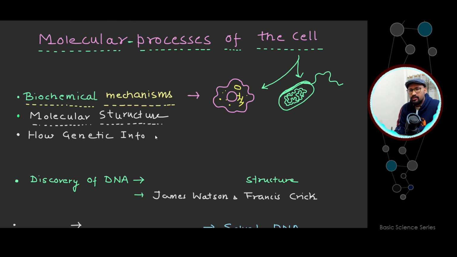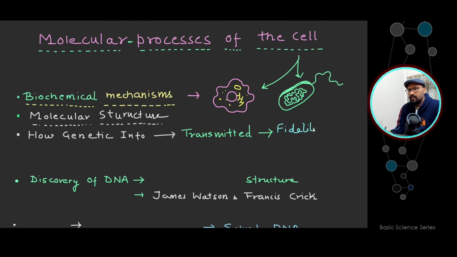And then next is how genetic information is basically transferred. I think we should use the word transmitted in this case, right? So I'll just write it down: transmitted from one generation to another generation in high fidelity.